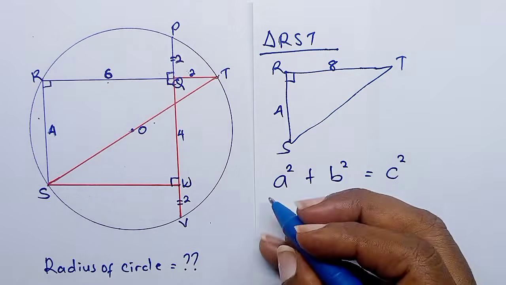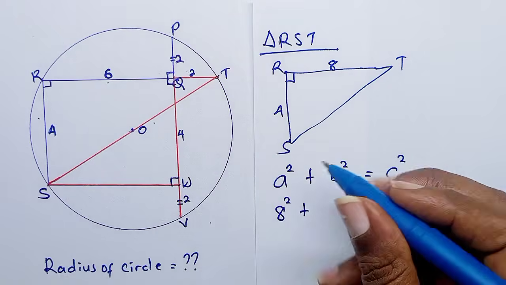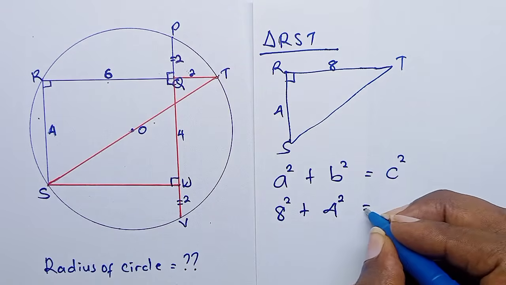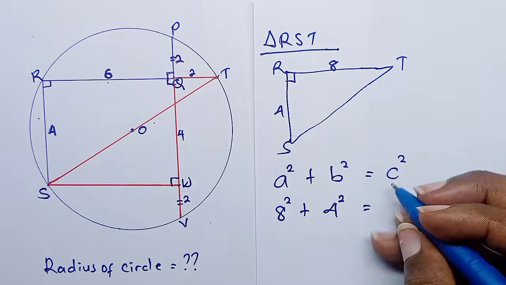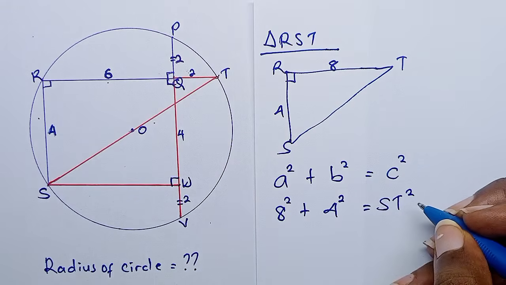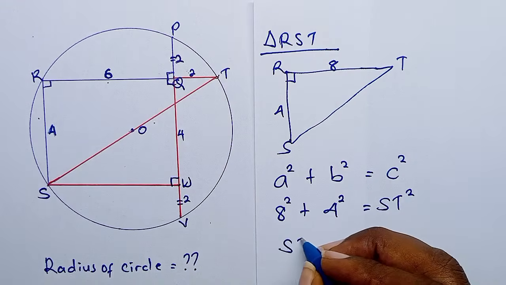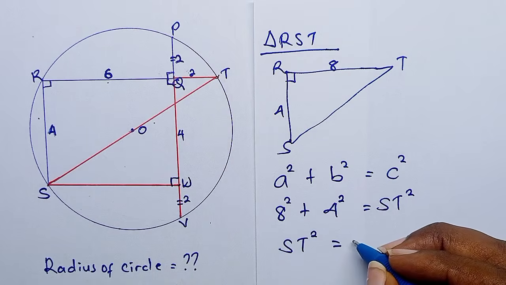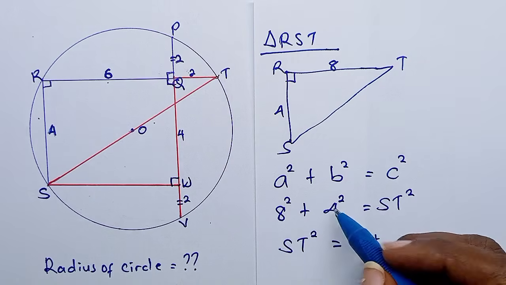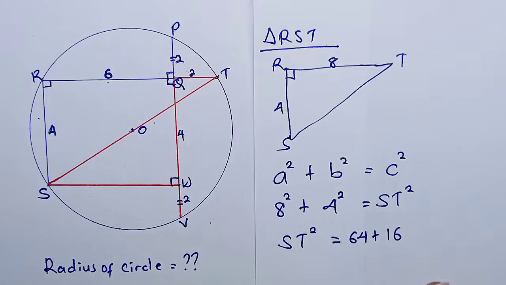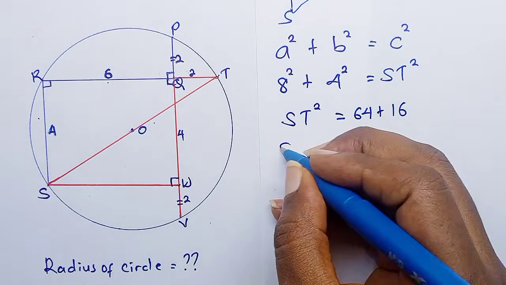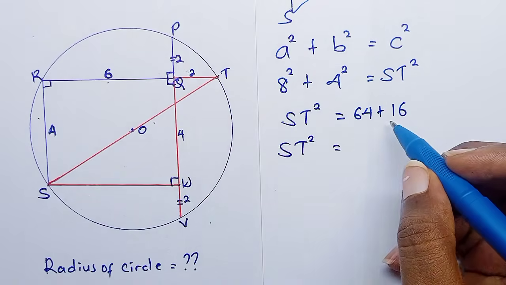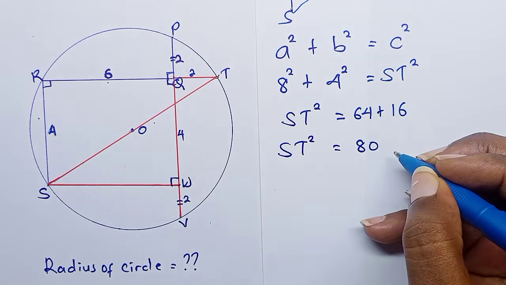Our A is 8. So 8 squared plus our B is 4. 4 squared is equal to our C, which is ST squared. Therefore, ST squared is equal to 8 squared, which is 64, plus 4 squared, which is 16. So ST squared is equal to 64 plus 16, which gives us 80.